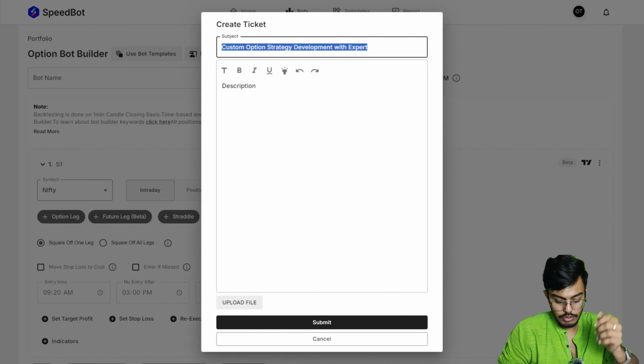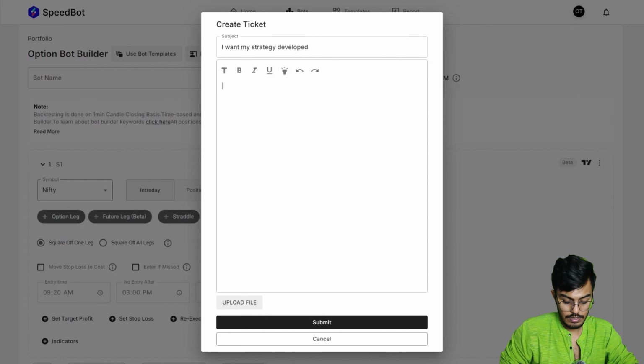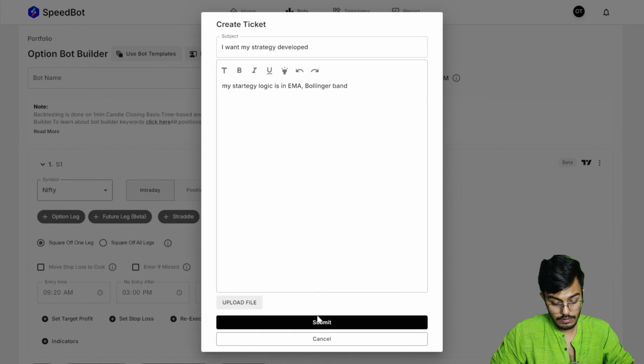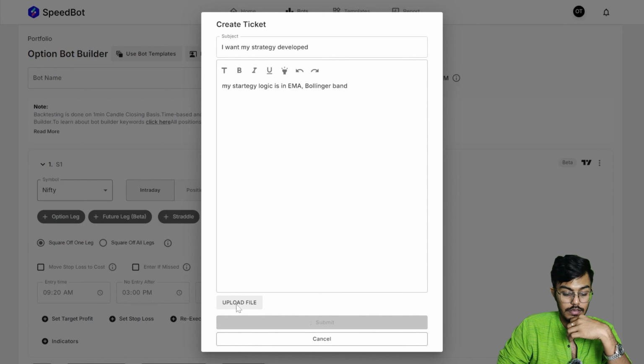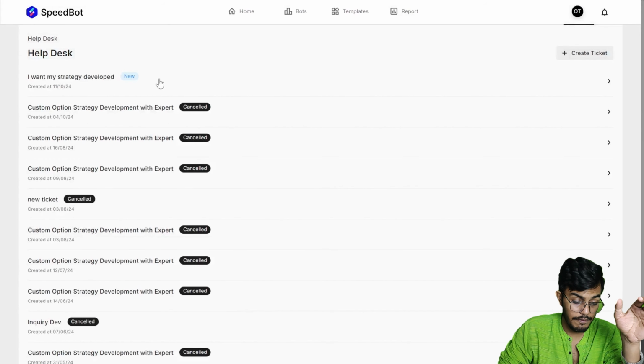Over here, you can just mention the subject as I want my strategy developed, and you can type my strategy logic is in EMAs and Bollinger Band. Now just click on the submit button. You can also upload a file if there is anything I would like to share for reference.